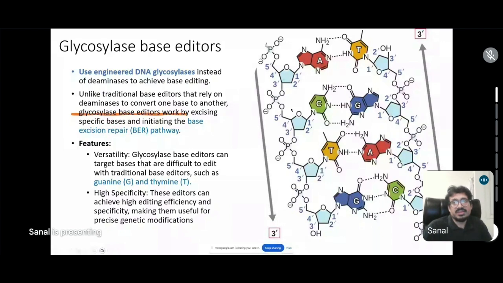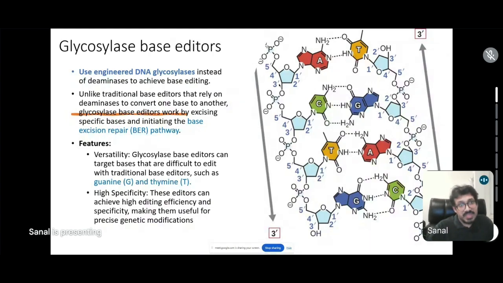When that happens, the next thing is, when a mutation happens, a DNA is chopped inside a cell, there is an immediate reaction. This will lead to the base excision repair pathway. This is the natural mechanism because DNA damage is an emergency in any cell.